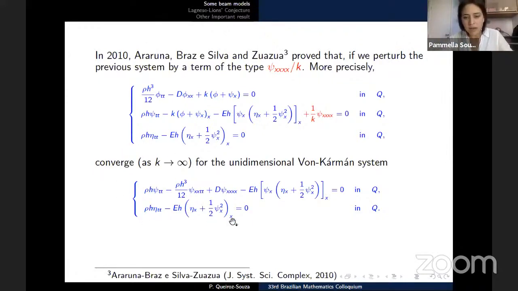Here we have the one-dimensional von Karman system.